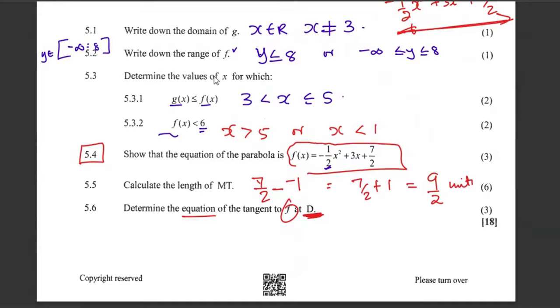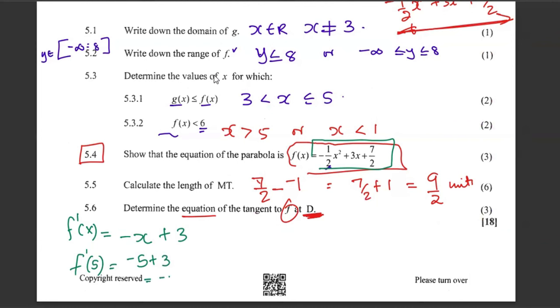How do we get the gradient? First derivative. The first derivative of this equation, the 2 cancels out, so we're going to have -x plus 3. This is the equation that we use to get the gradient. But our x is 5, so it's -5 plus 3, meaning that our gradient is going to be -2.